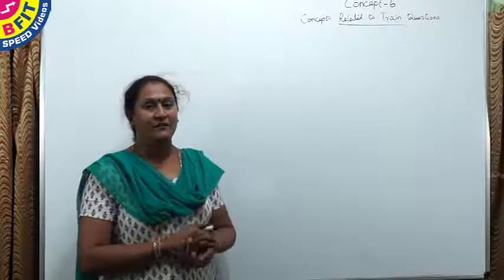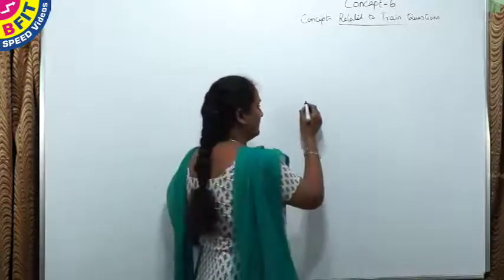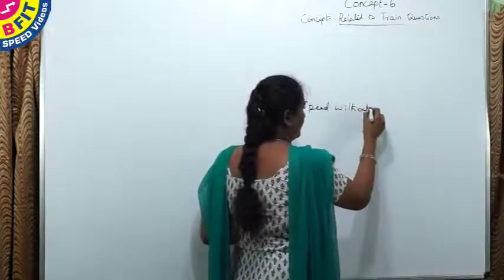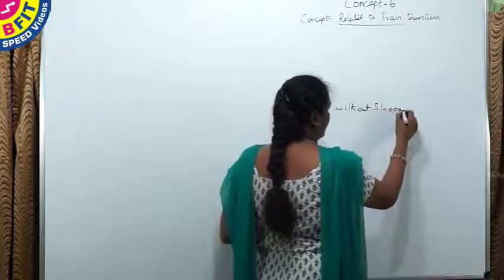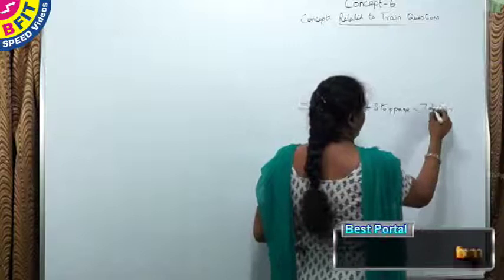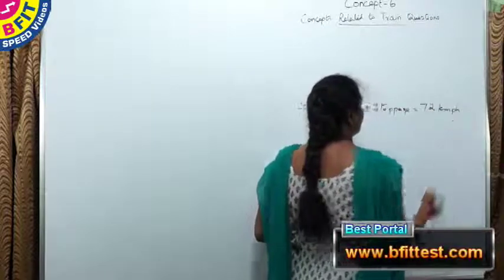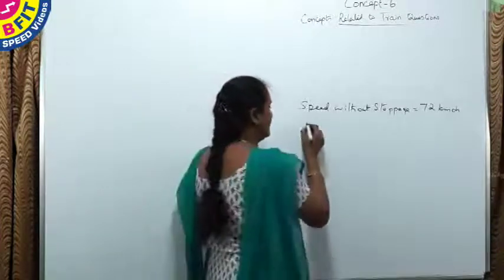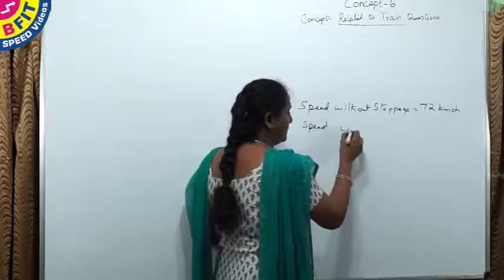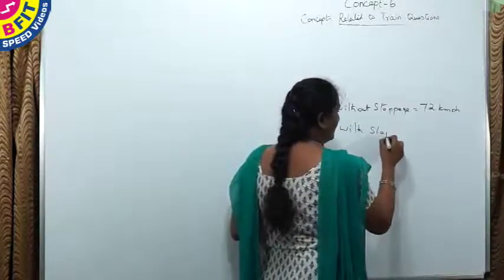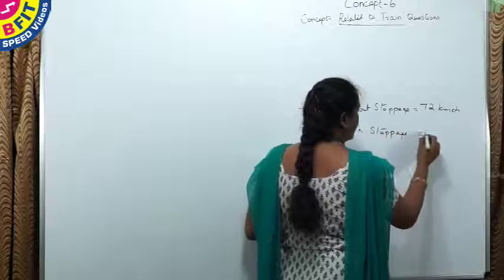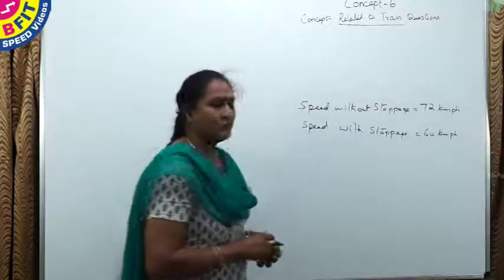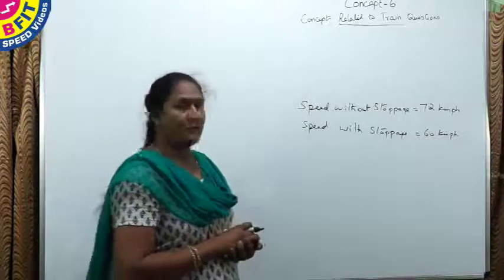The speed of the train without stoppages is 72 kilometers per hour. The speed with stoppage is equal to 60 kilometers per hour. You are asked to find the stoppage time per hour.